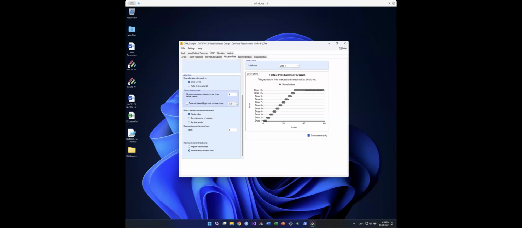So just to respond to a question that has been posted. By putting 3 here as the number of subjects we want to see complete before we're happy, we count this dose level as being cleared, and we can escalate. This is kind of equivalent to the cohort size.